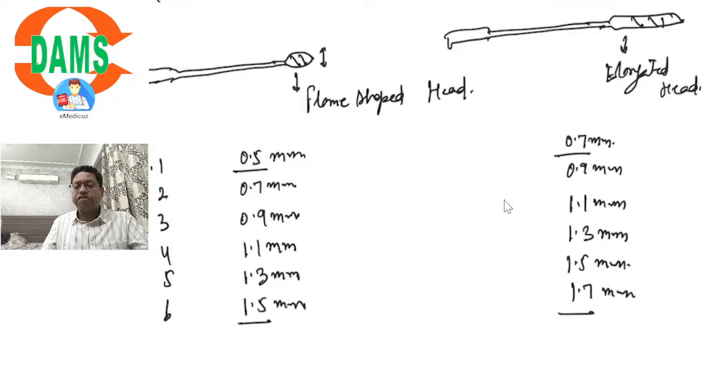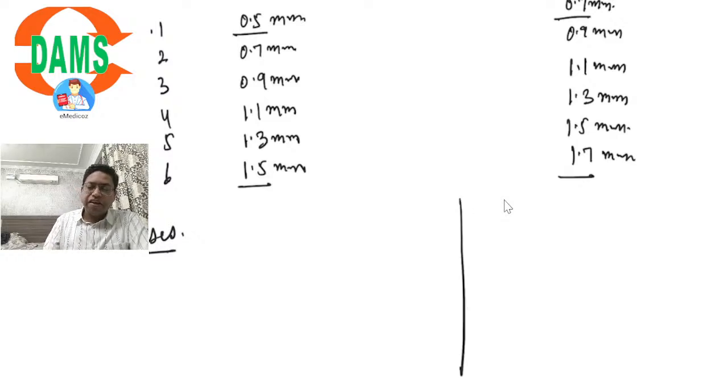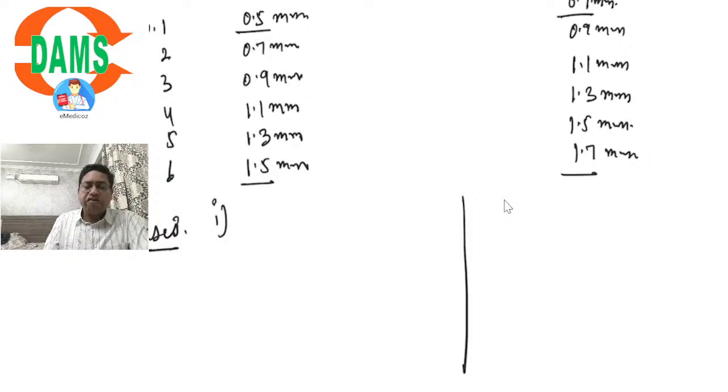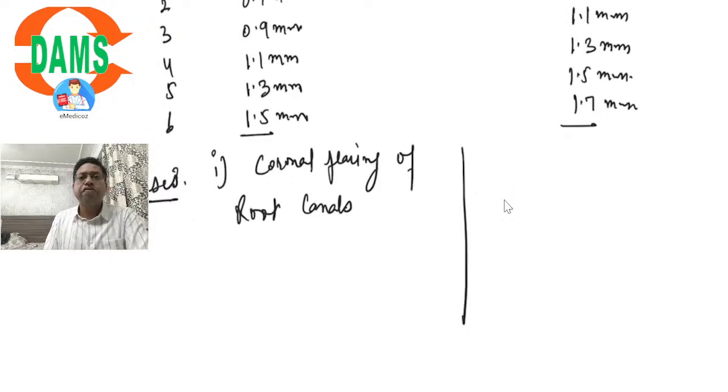If we talk about the uses of these two engine-driven instruments, firstly, GG drills or Gates Glidden drills, as the small flame-shaped head indicates, are used for coronal flaring of root canals.